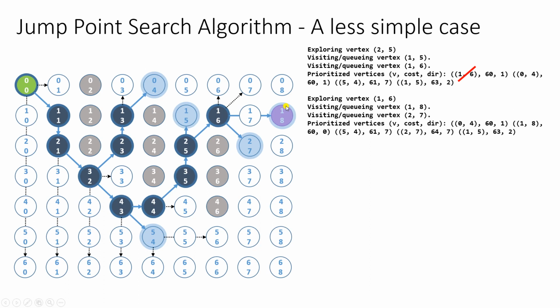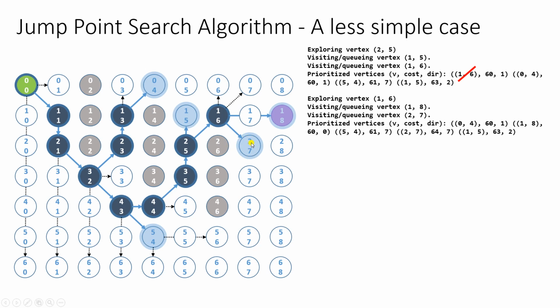It just placed it in the priority queue because it was next to this vertex 2, 6, which is an obstacle. It also made a turn to vertex 2, 7, and because 2, 7 is also next to an obstacle, the same one, it also put it to the priority queue.